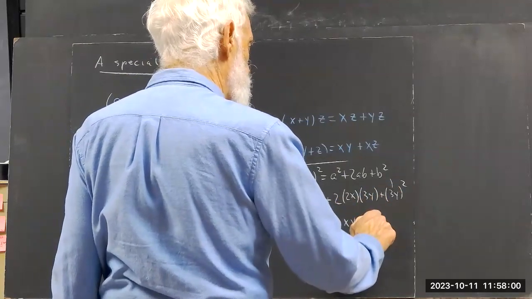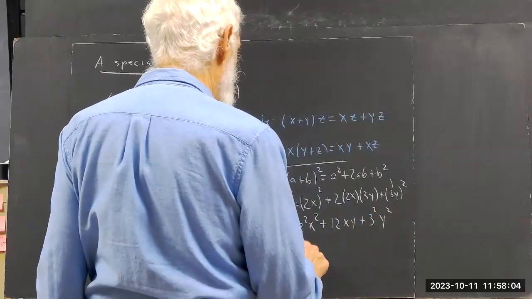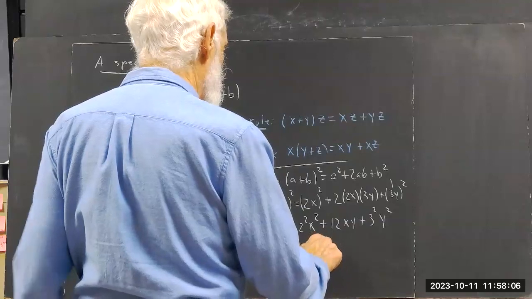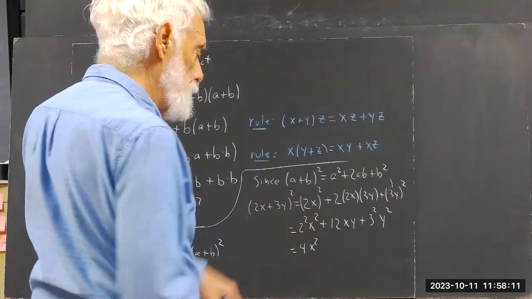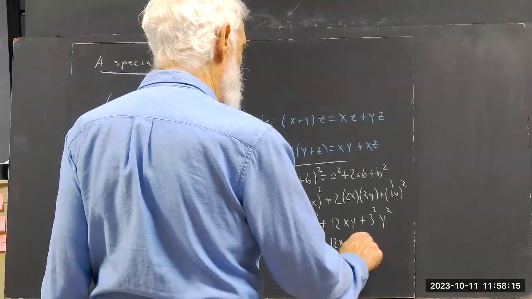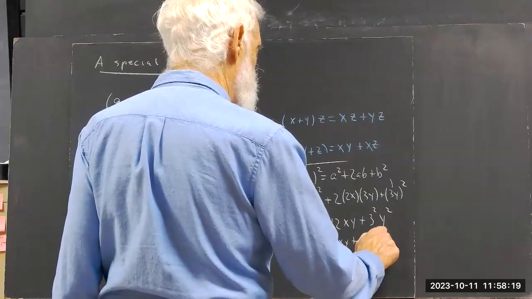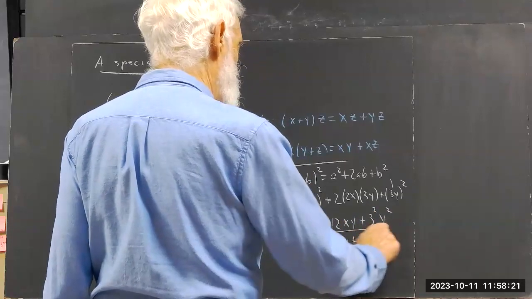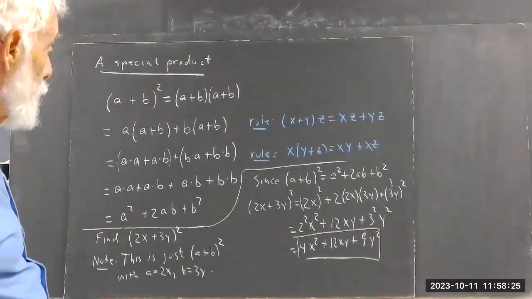And then if we square 3y, that's 3 squared times y squared. Now 2 squared is 4, so 2 squared x squared is 4x squared. Then we have 12xy. And then 3 squared is 9, so 3 squared y squared is 9y squared. And there we have it. Well, that's an example.